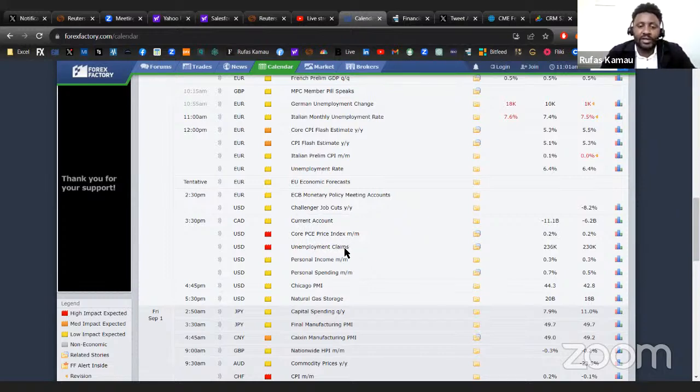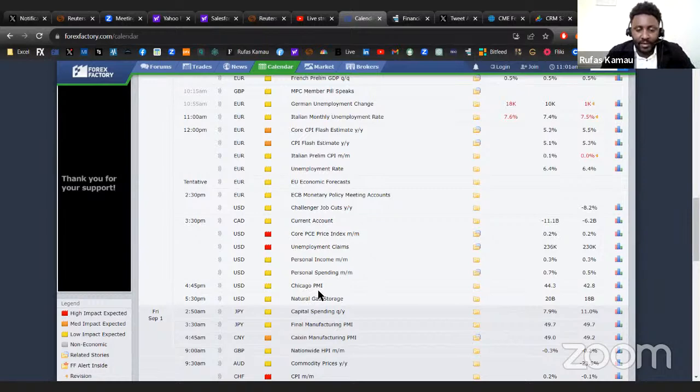These data points will be very important for US traders, as they will be trying to understand whether the Fed has a higher likelihood of hiking interest rates or holding interest rates level. From the cocktail of data we've had since Tuesday this week, it's all indicating that the Fed may go for a rate pause.